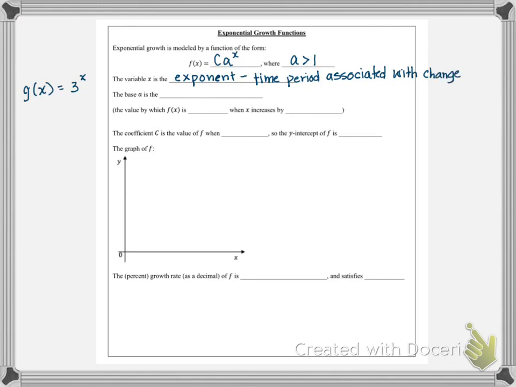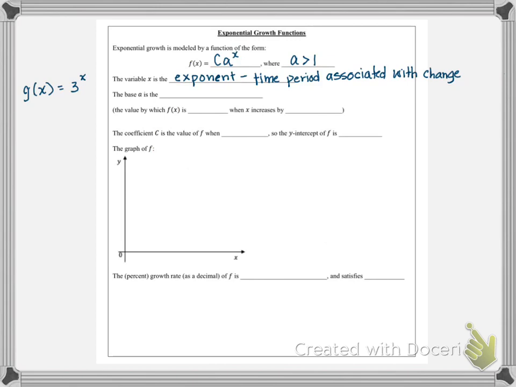It's always important to ask yourself what that input represents so that you're plugging the right numbers in, right? So when I say associated with the change, I mean that if somebody tells me that my bank account is going to increase 10% every month, and then they say, how much money do you have after 3 weeks? I can't put 3 in for x because x has to be the number of months, because 1 month is associated with the change that was described to me.